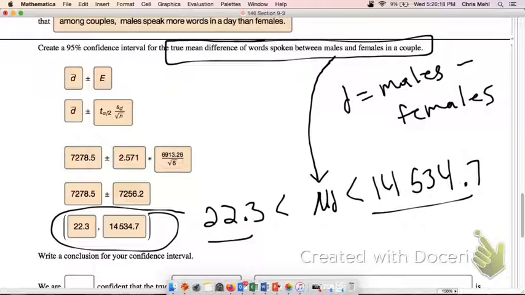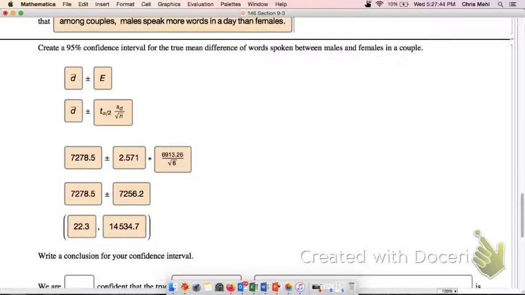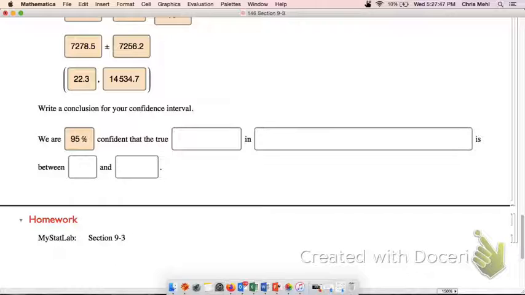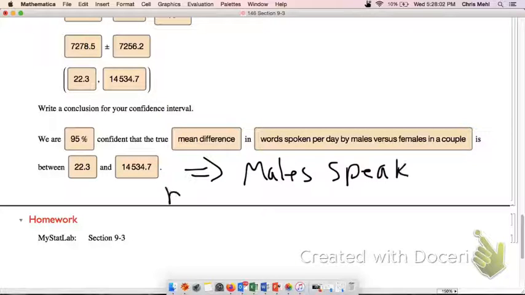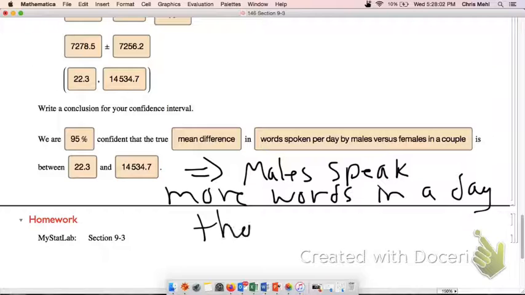Since both of your limits are positive, that means that among couples, males generally speak more words than females. So, we are 95% confident the true mean difference in words spoken per day by males versus females in a couple is between 22.3 and 14,534.7, and this implies males speak more words in a day than females. Okay?